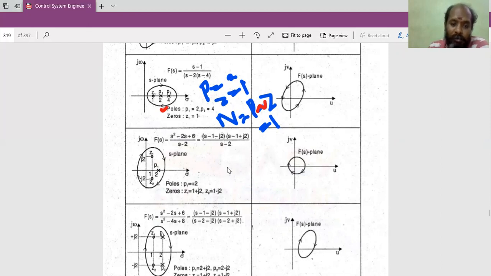They will ask me, what happens if minus 1 comes there? Not like that. It's a difference actually. So the difference of 2 and 1 is again 1. And the zeros are more, so the encirclement will be in clockwise direction.